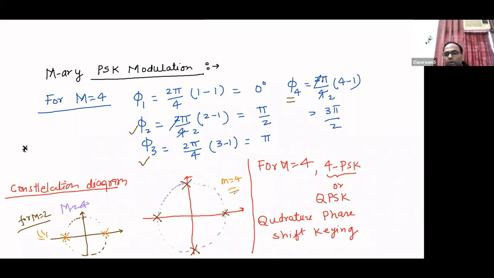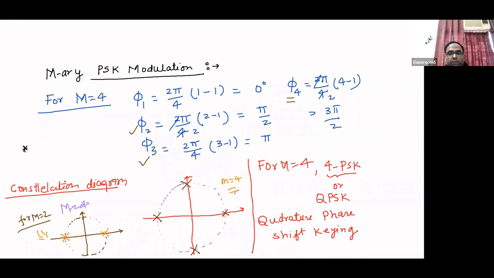Similarly, you can draw the waveform also. We have already drawn the waveform in the case of binary phase shift keying. But when you draw the waveform, you have to remember what the phase shift is. For example, the first waveform was A cos 2 pi fct, so you have to draw the A cos 2 pi fct waveform. Then you have to shift this waveform by pi by 2.